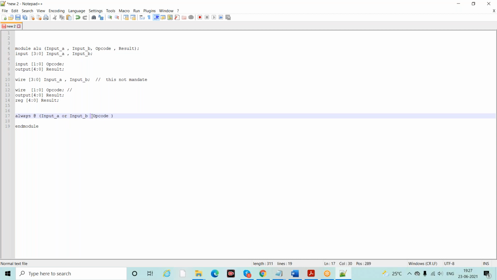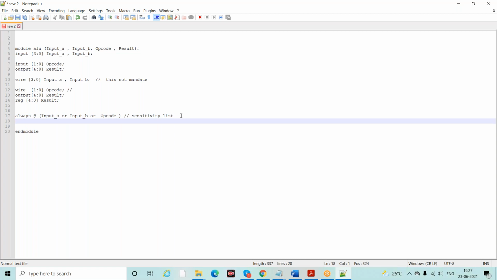So what is a sensitivity list? If any variable from the list changes, then the output should be evaluated accordingly. Begin.